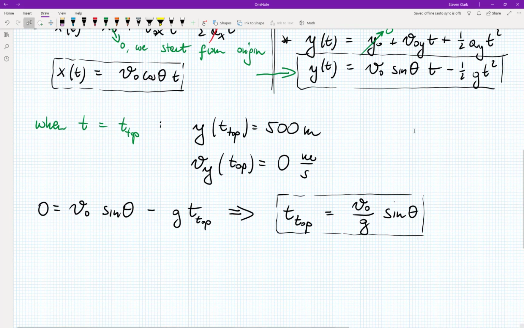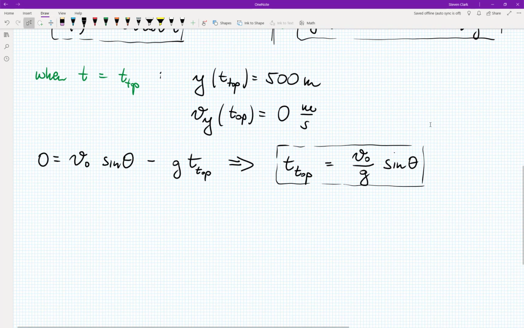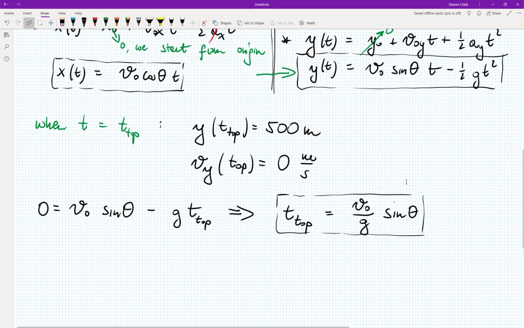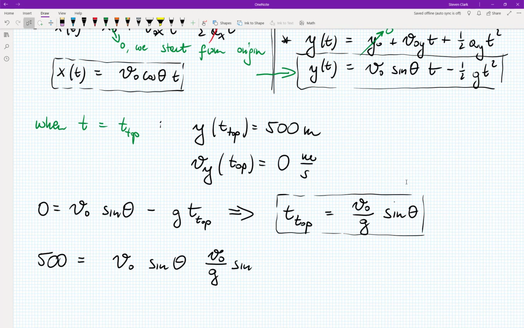Okay, and now since we have t top, we can use this. We can write down 500 that is equal to V0 sine theta times V0 over g sine theta, minus 1/2 g times V0 squared over g squared sine squared theta.